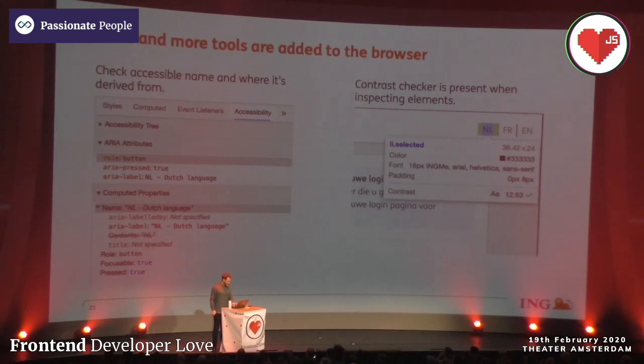As you can see here, I have a button, and the button has a label of NL, Dutch language, and it's actually not coming from the contents. The contents was NL, but somehow that got demoted because we have an aria-label, and that's more important. So here you can see in what way the browser gives the accessible name and where it comes from.